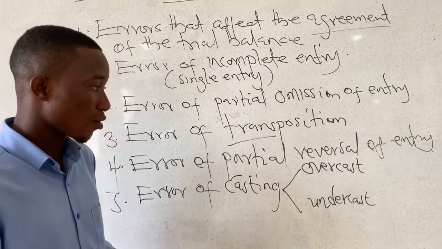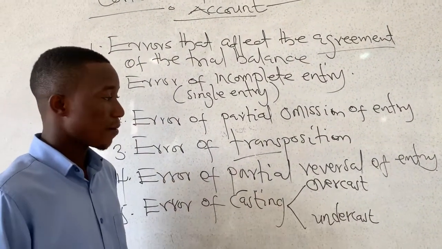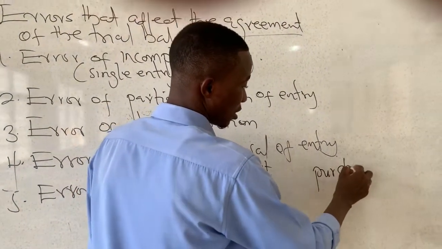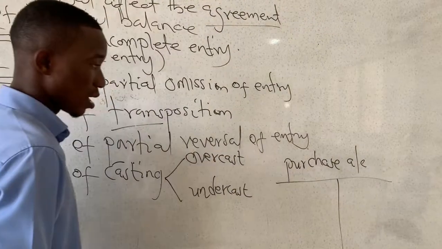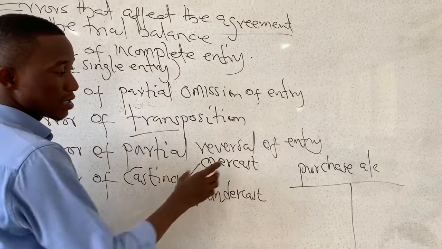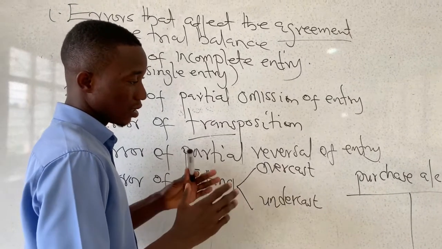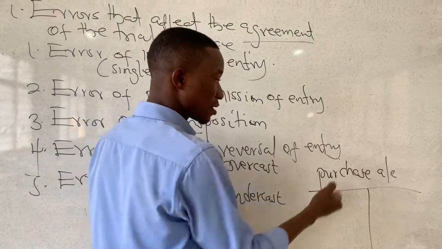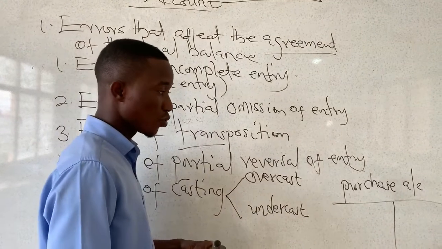To correct such an error, let's say we have purchases amount overcast. We know that the purchase account has a debit balance. So if they are telling us that the purchase account has been overcast by 200 cedis, it means that they've increased the debit side of the purchase account by 200 cedis, for which it's not supposed to be so.